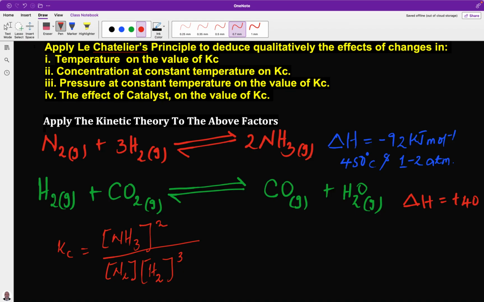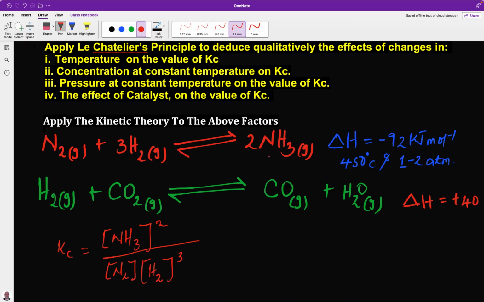This is an exothermic reaction, and it's an exothermic reaction favoring the production of ammonia at this low temperature. But if the temperature is increased, what happens is going to favor the endothermic reaction. More of the ammonia is going to be decomposed into nitrogen and hydrogen.